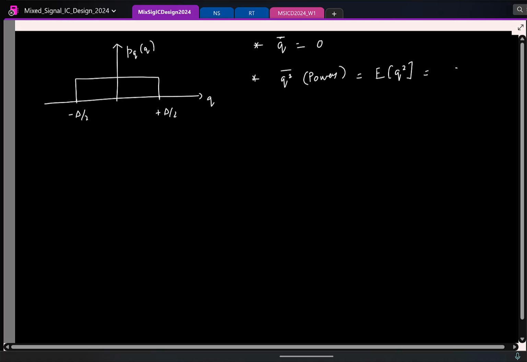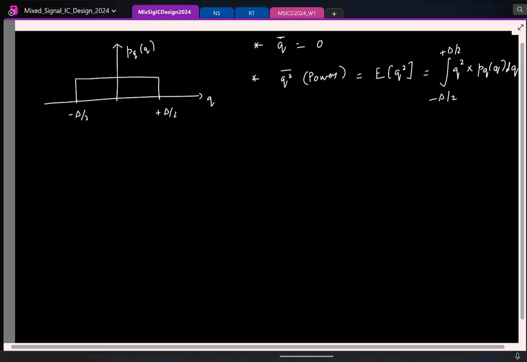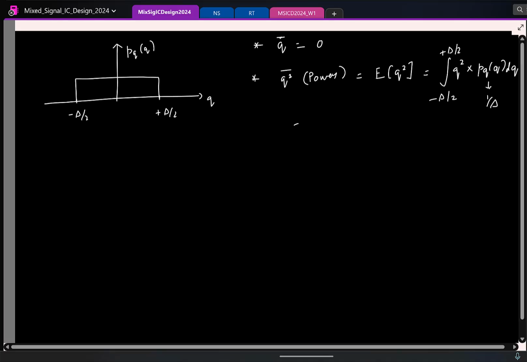So remember, it's basically q squared times the PDF, and I integrate over all possible values of q, with respect to dq, right? I'll let you work it out because this is constant, it's a simple integral. You find this will be delta squared by 12.